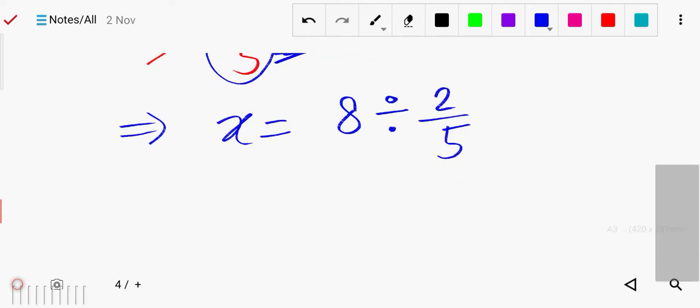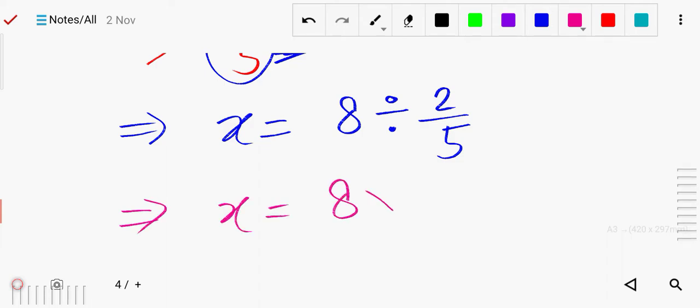Now next, we know how to divide. So x equals 8, and the divide sign will change to the multiplication sign, and we will write the reciprocal of 2/5. Reciprocal means the numerator becomes the denominator and the denominator becomes the numerator.